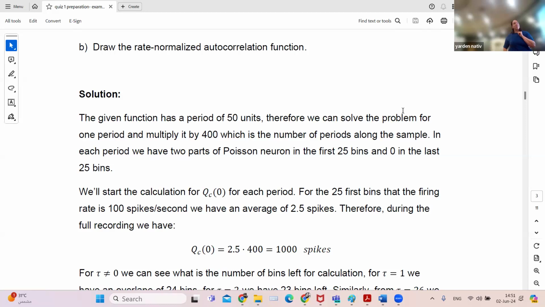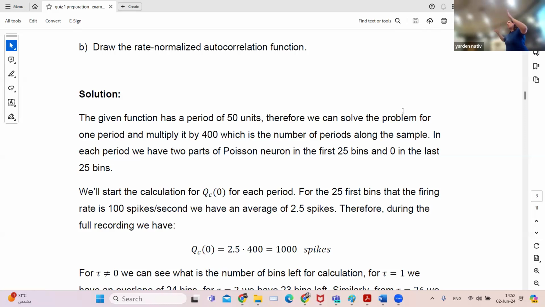So, let's start with the easiest one, which is the number of spikes along all of the recording. The number of spikes is the autocorrelation at time lag 0, right? Do you understand why? Because if we think about the idea of shifting, I just copy the same spike file and put it above the other one.